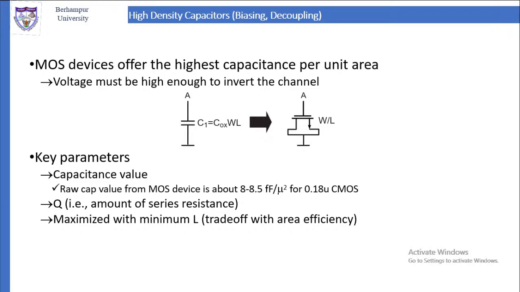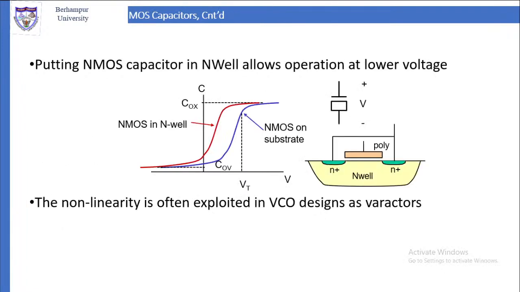The length is the gate length, and the gate is the divider between source and drain. If you minimize the length between source and drain, the capacitance due to the two sides, source and drain, increases as the distance decreases. So the capacitance can be maximized by minimizing the length. These are some of the key parameters.